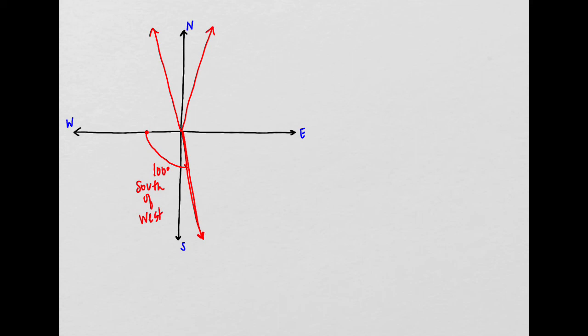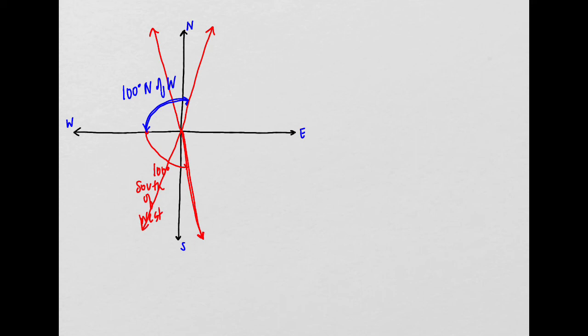This could be 100 degrees, let's use a different color, going this way. This is 100 degrees north of west, right? Because we're going in the northern direction from the starting point of west. And then also this right here in this direction could also be 100 degrees.